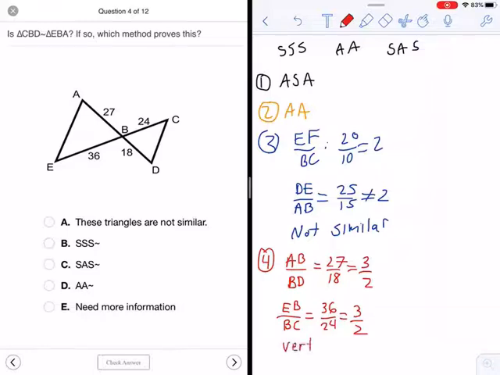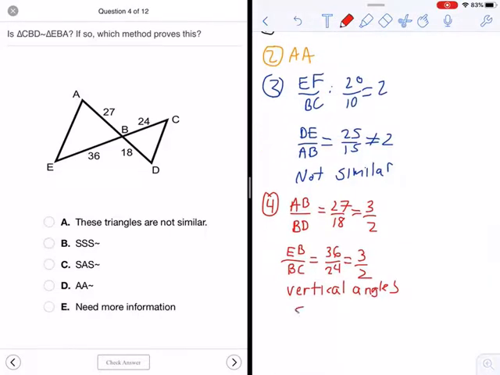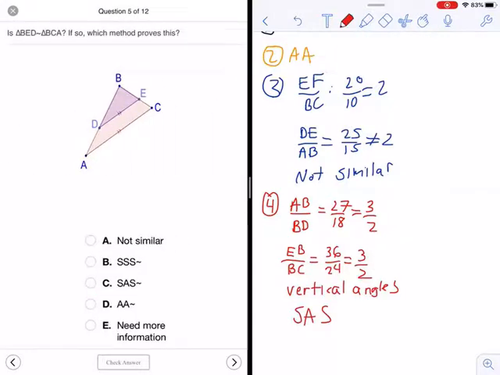We have vertical angles as an included angle, so they're going to be similar by side, angle, side. Two sides are proportional, and we got an included angle that's congruent. Nice. Are these similar? And the answer is going to be yes.